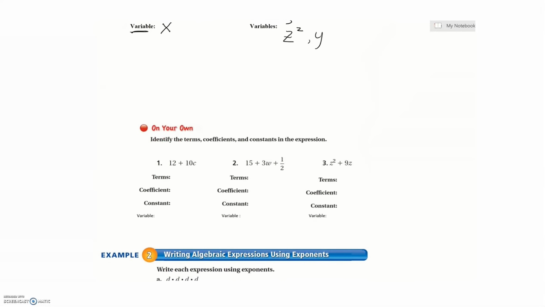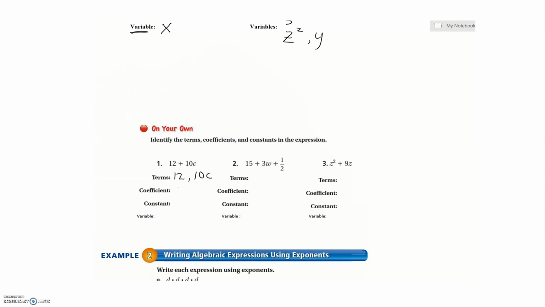You can pause the video and try some of these on your own and see how you do. All right, I'm going to put the answers here, so you hopefully paused it and now you are checking your answers.